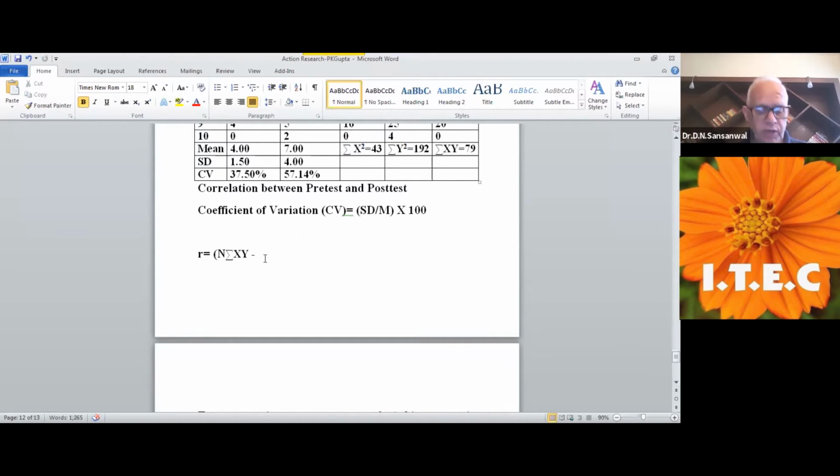You know the value of sigma x. Then it is multiplied by sigma y.